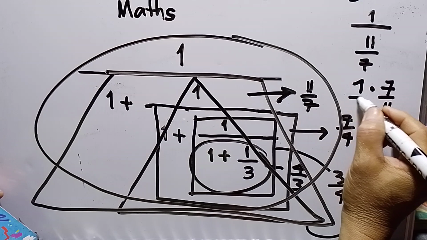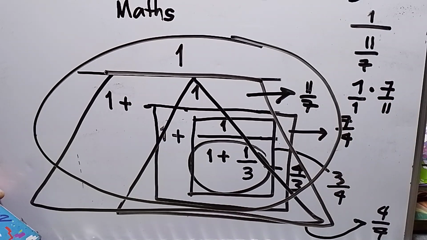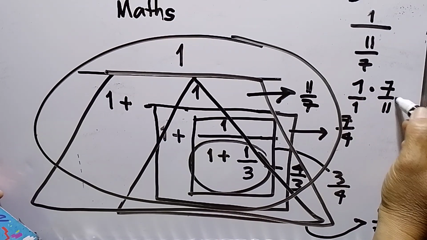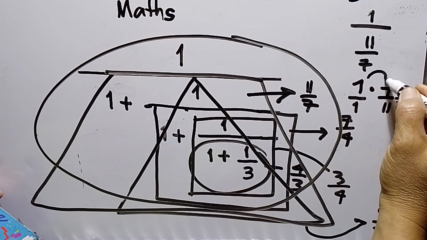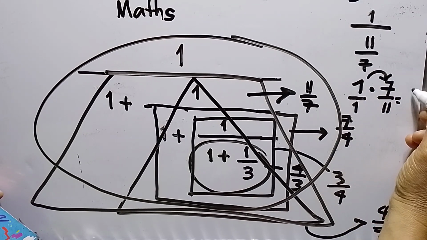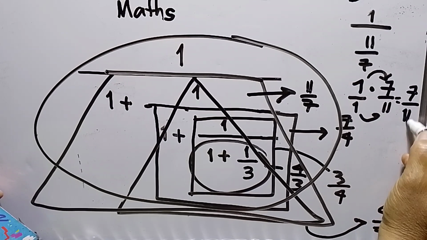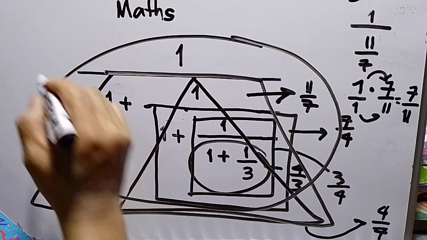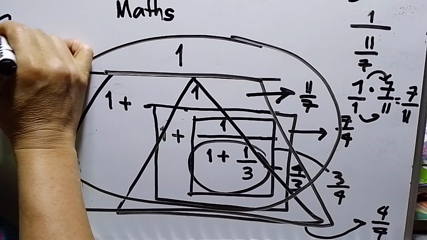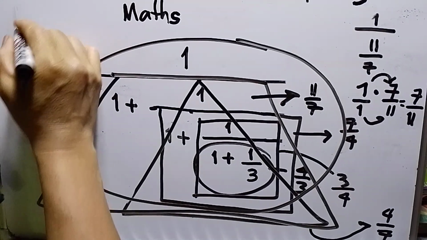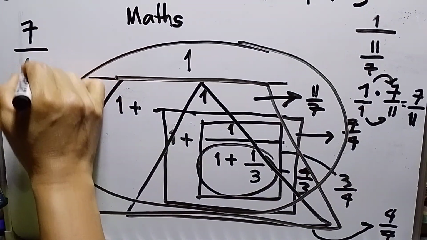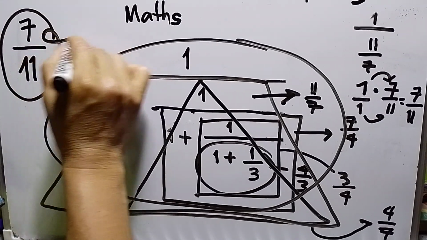Since I don't have a denominator, I will put 1. And then multiply the numerators, which is 1 times 7 is 7. And then 1 times 11 is 11. So therefore, my final answer is 7 over 11. So that's my final answer. That's all.